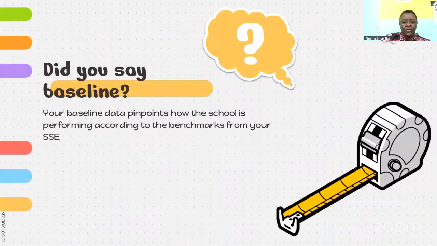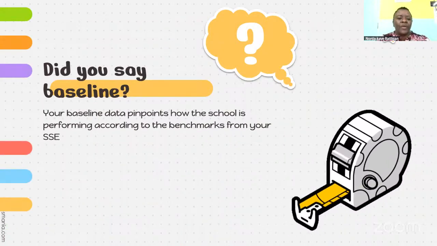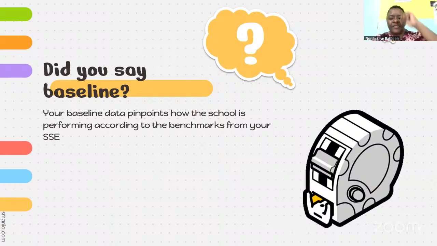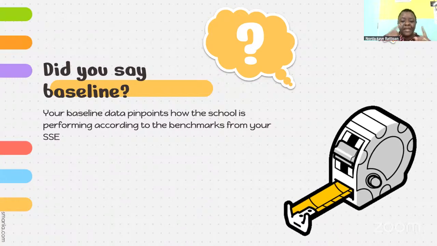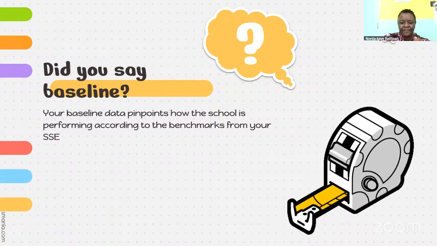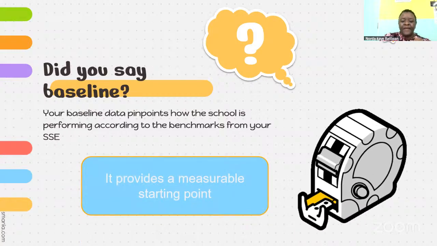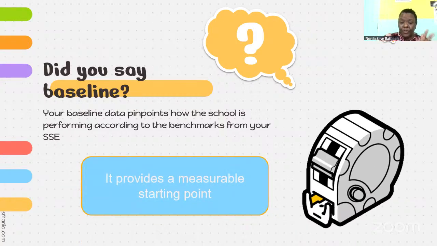So, all right. Now, what your SSC gives to you for your SIP is a baseline data. And your baseline data is measurable outcomes that you have. So it provides a measurable starting point.